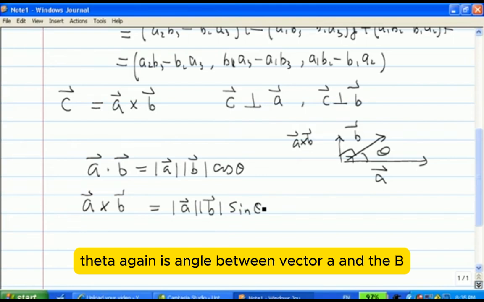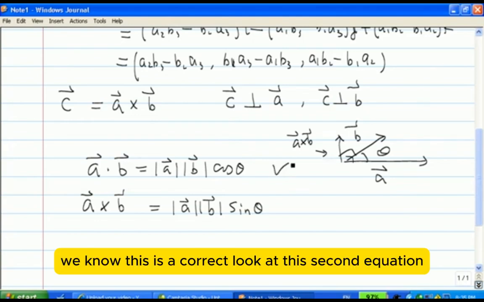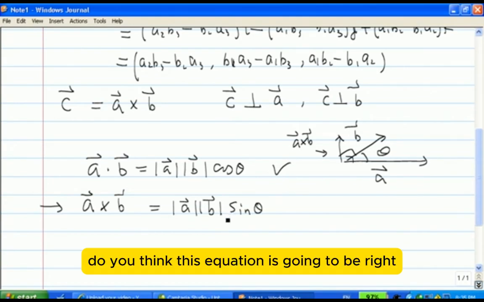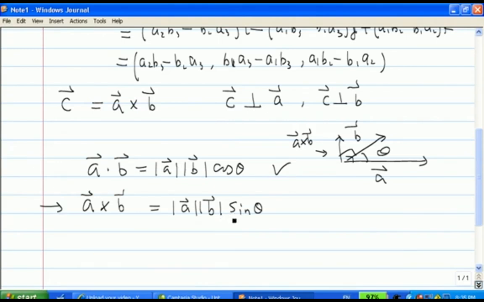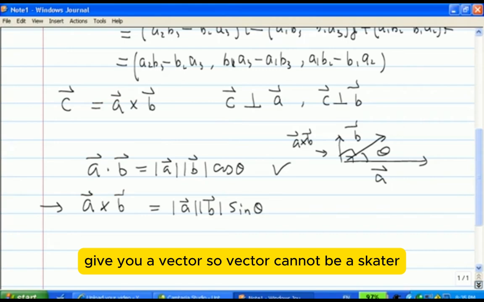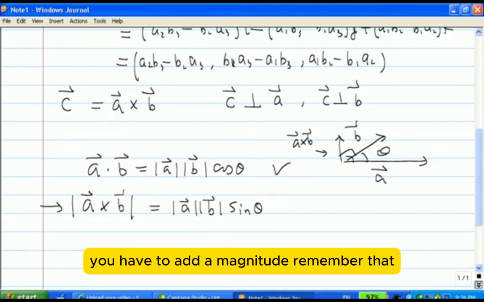Theta again is the angle between vectors A and B. Look at this second equation. Do you think it is going to be right? The right hand side of the equation is a scalar, but the left hand side, the cross product of A and B, gives you a vector. A vector cannot be a scalar, so this equation is not right. You have to add the magnitude. Remember that.